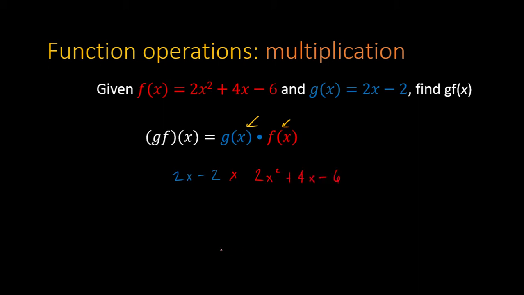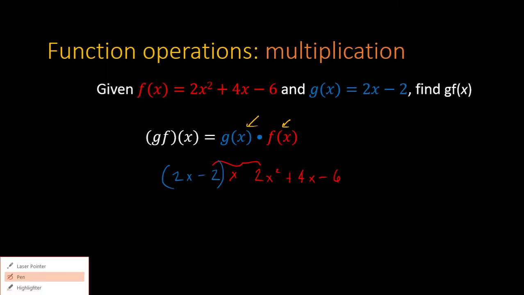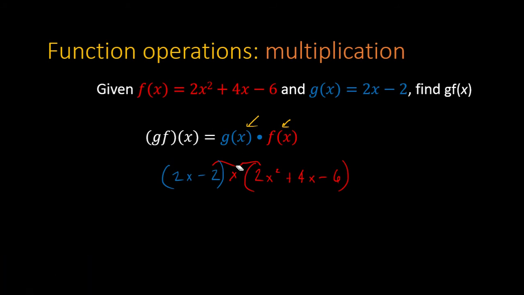Notice if I just leave it like this, the only thing that's really getting multiplied would be negative 2 and positive 2x squared. So I need to make sure that I'm distributing that multiplication to every term in each function. Otherwise, I'm not truly multiplying the functions by each other. I'm just multiplying a term of the function by another term of a different function. So I wrap everything in parentheses, and then I carry out my multiplication.